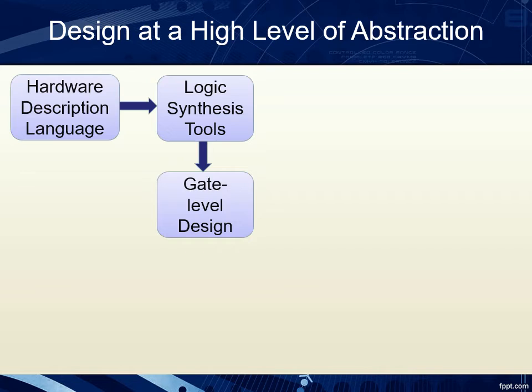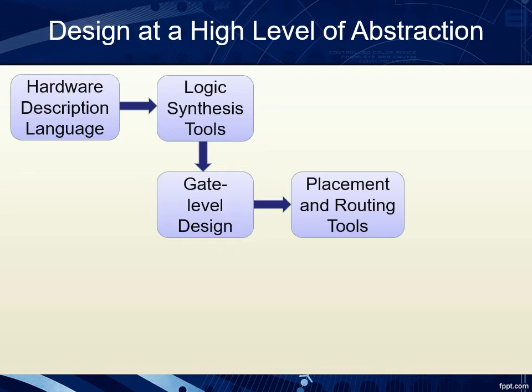Once you have a gate-level design, you now need to use the placement and routing tools in order to place all the standard cells corresponding to each gate you need onto the silicon die and also start to place the routing and interconnections between the gates. At least you need to reach this point, this level of description, in order to think in terms of standard cells, and this part can be almost automatic.